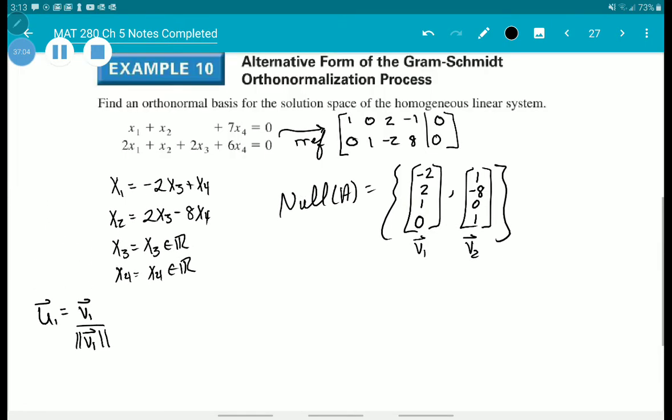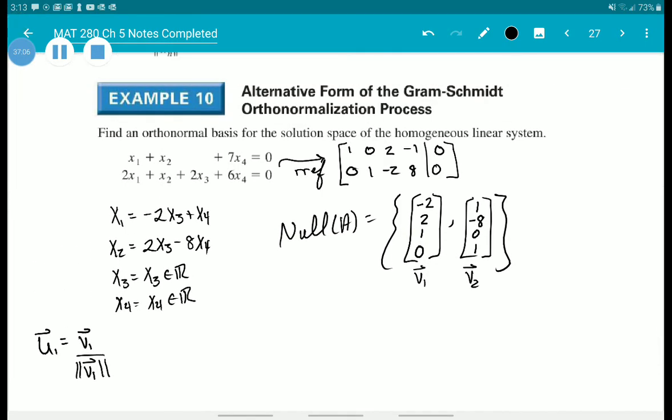Now, notice we do not have any inner product defined here, so we're assuming that it's the standard Euclidean inner product, which is going to be our dot product.